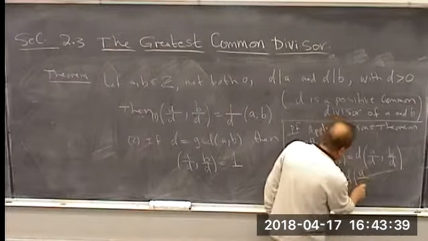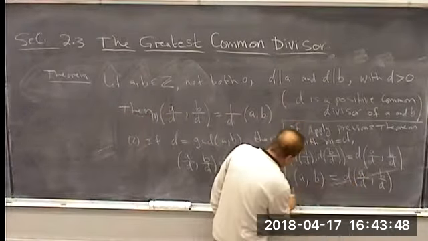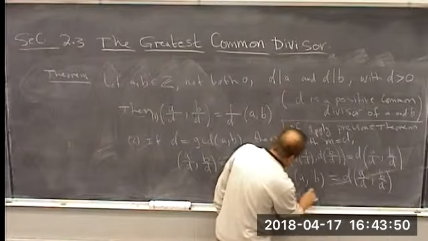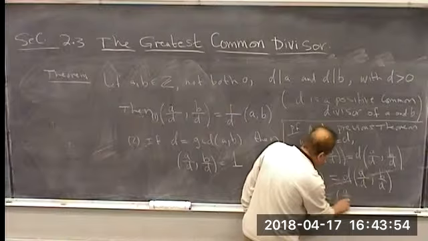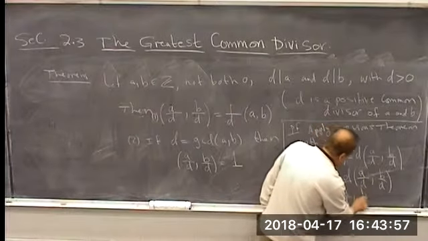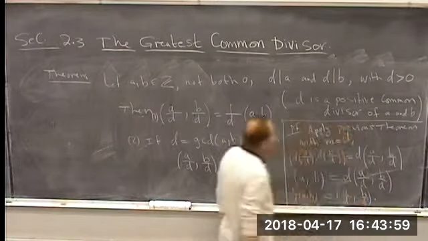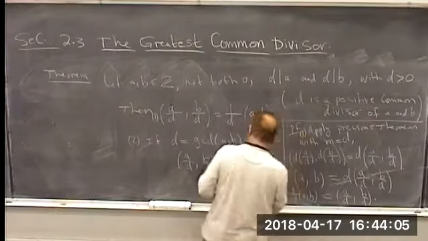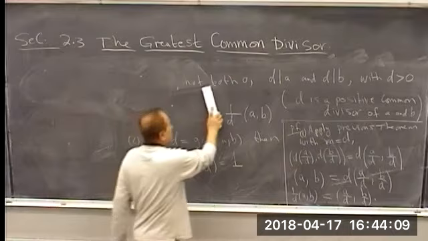Then I can divide both sides by D. So dividing by D, we come up with 1 over D times the greatest common divisor of A, B is equal to the greatest common divisor of A over D, B over D. Now the second part, so this is the first part. For the second part, again, we apply the first part.